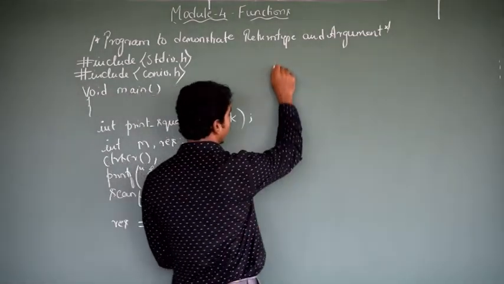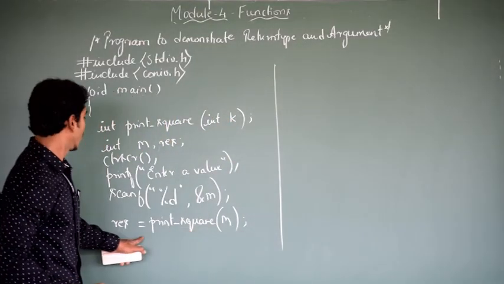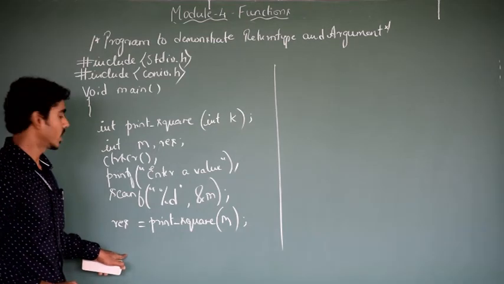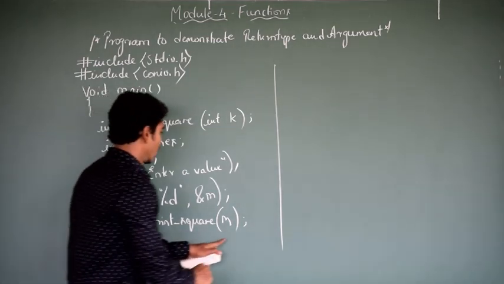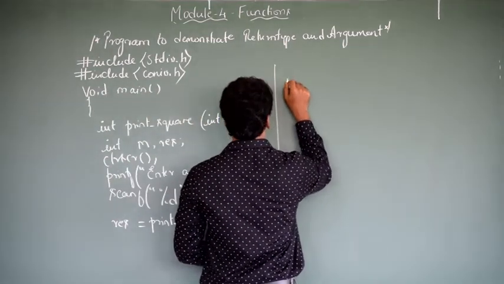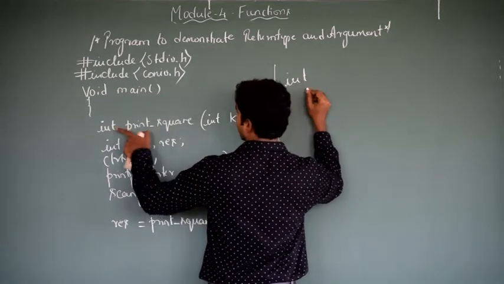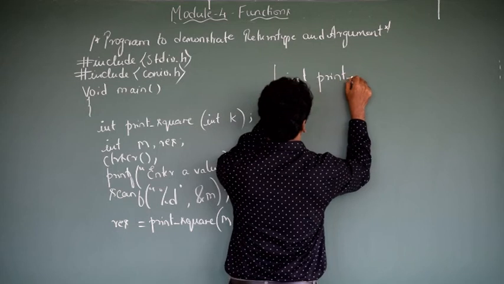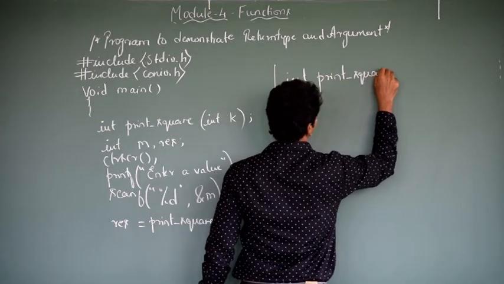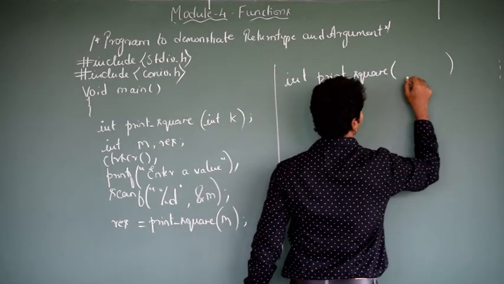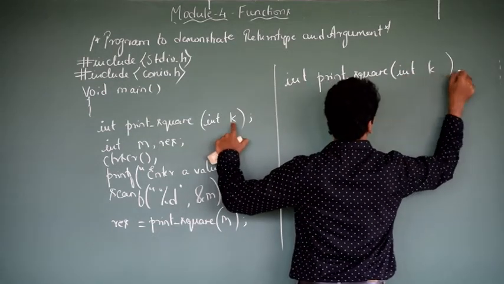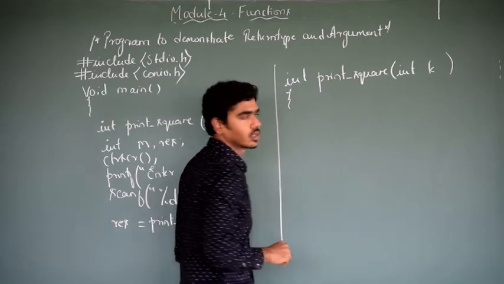Now let's look into the function definition part. So let me finish the function definition and then complete the main program. Okay, so I have the function definition which is going to return int, print_square is the name of my user defined function with one formal variable, that is int k. Open the curly bracket.